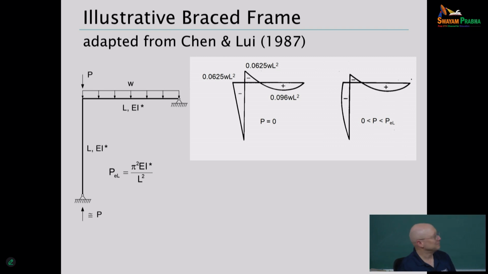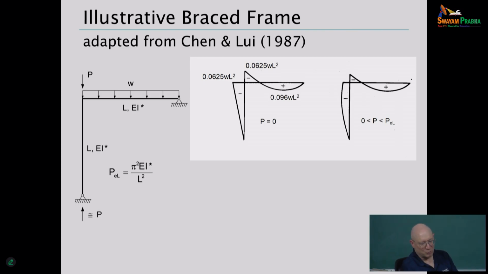Now, depending on the level of load and the slenderness of the members, the maximum moment in the column could be along the length of the column, as you see in this particular sketch. Typically, it would always be, but, well, actually, that's not true. If the load is small enough, it wouldn't necessarily be maximum within the length. It could still be at the ends.